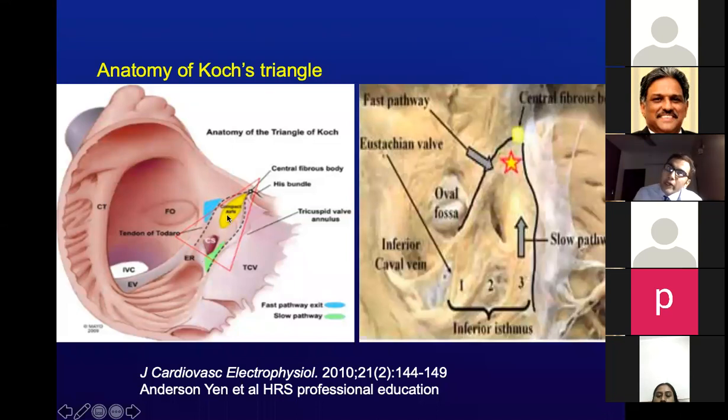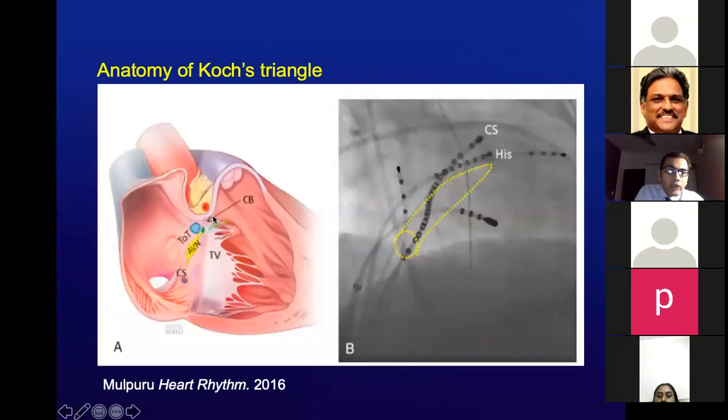Again, I told you the ventricles are anterior to the atria. So as you go more anteriorly, you encounter the tricuspid valve, which in turn leads to the right ventricle. Coming on into this region a little bit more, I want you to look at these particular structures and imagine a small triangle.